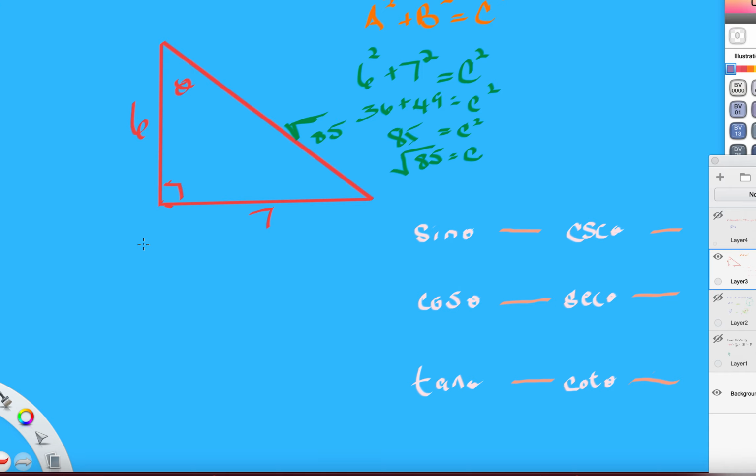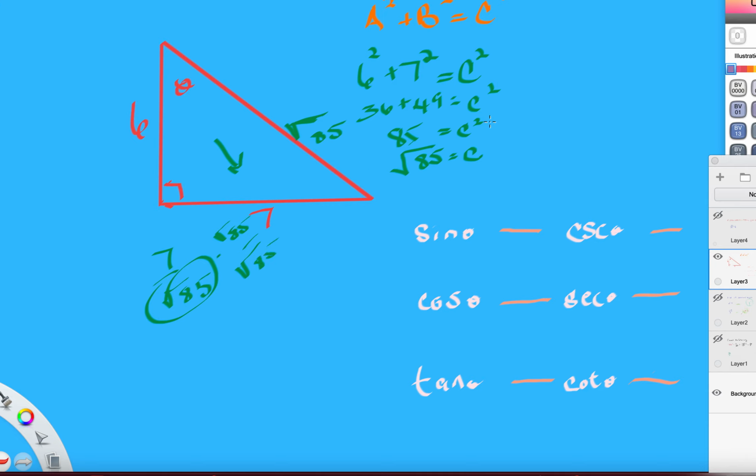Remembering that this is the angle in question. So across from it is the opposite. That's down here. So I have 7. So my sine would be 7 over root 85. Well, I cannot have a radical in the denominator. So I'm going to multiply by root 85 over root 85, right?